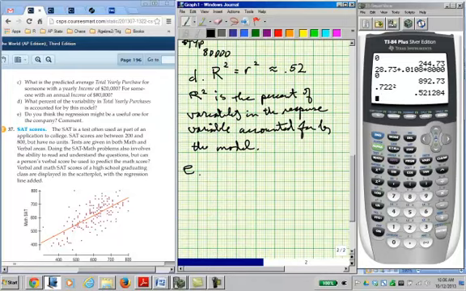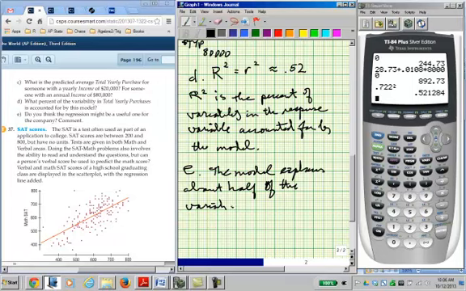So, how is it useful? The model explains about half of the variation of total yearly purchases in dollars versus dollars of yearly income.